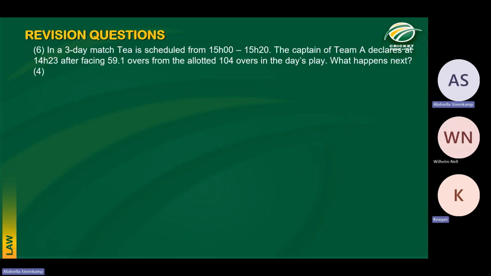Your tea will then be from 14:23 till... No, you just said we don't take tea. Ah, sorry. So you will take a 10-minute innings change from 14:23 till 14:33.